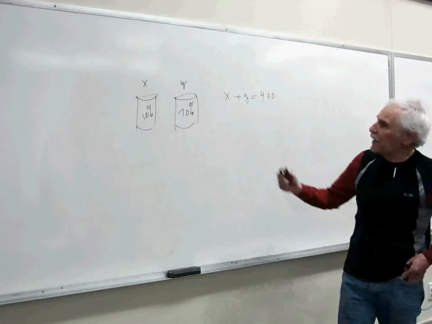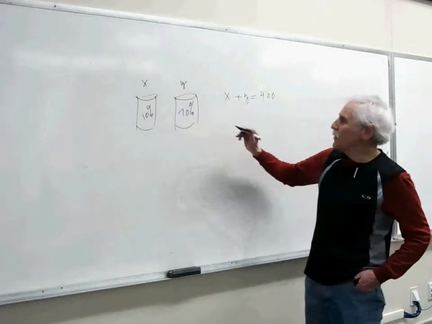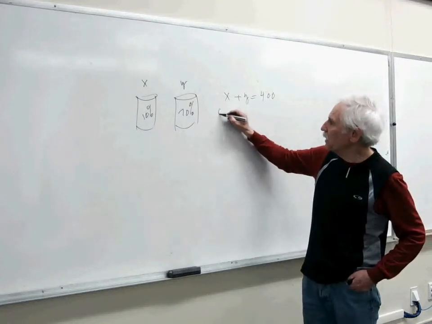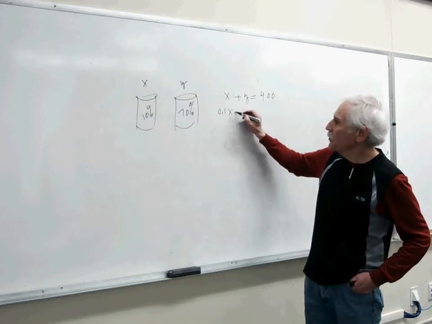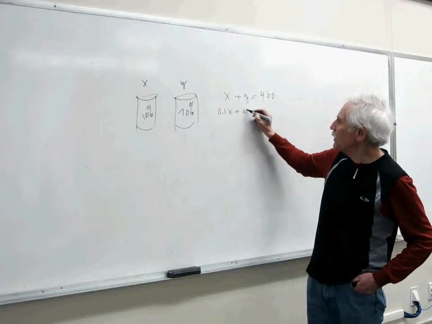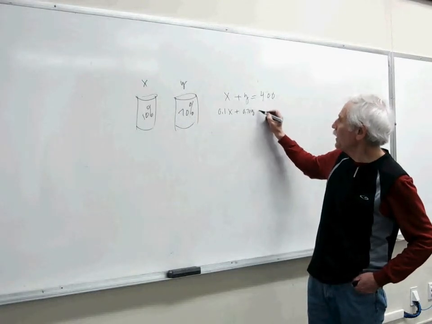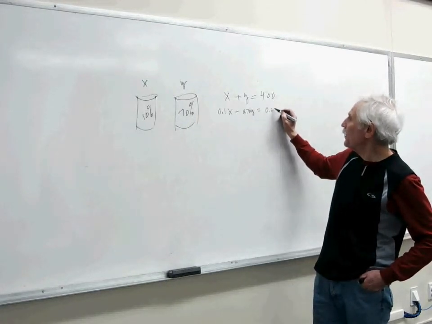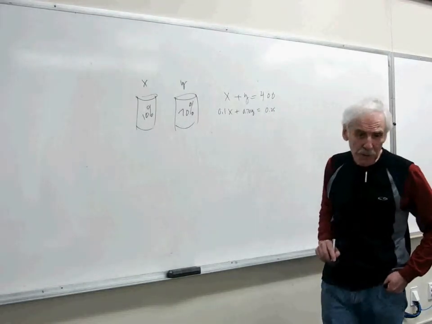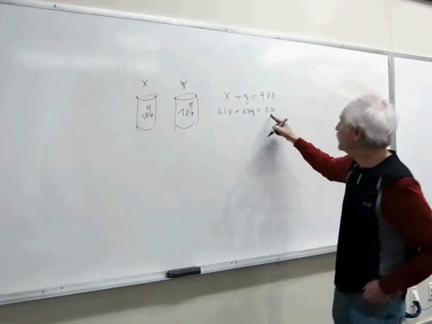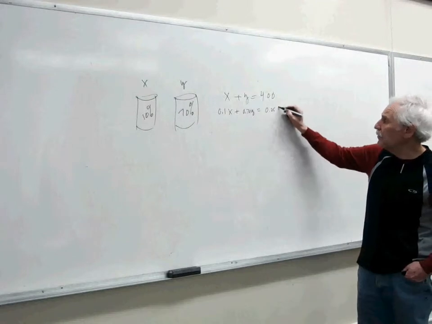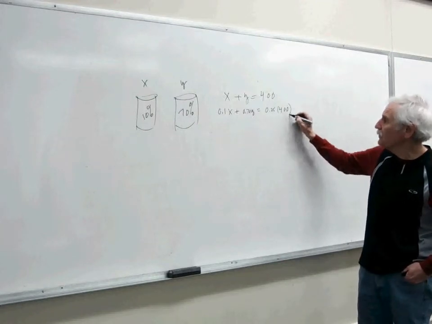Well, now what about the percentages? Well, 10% of X plus 70% of Y has to be equal to 25% solution of 400 milliliters.